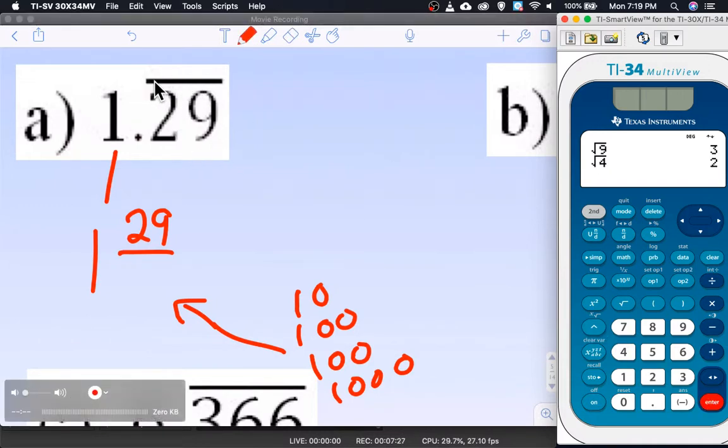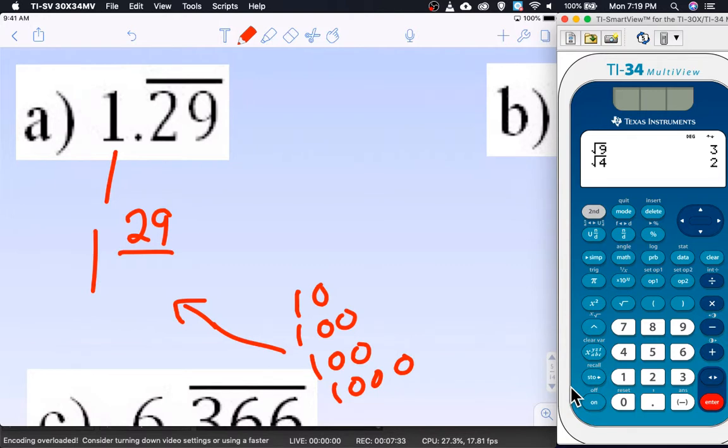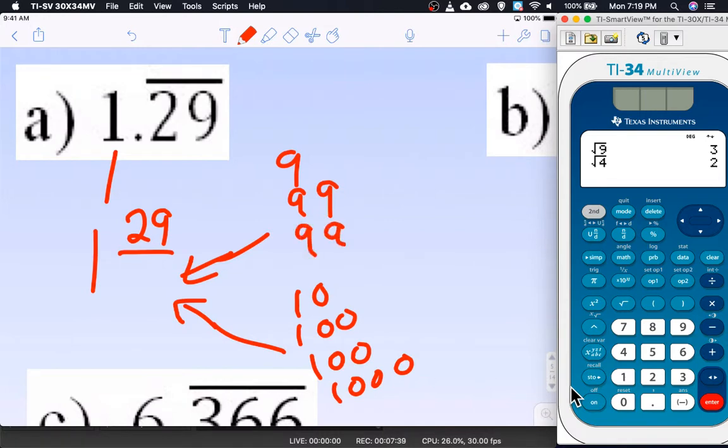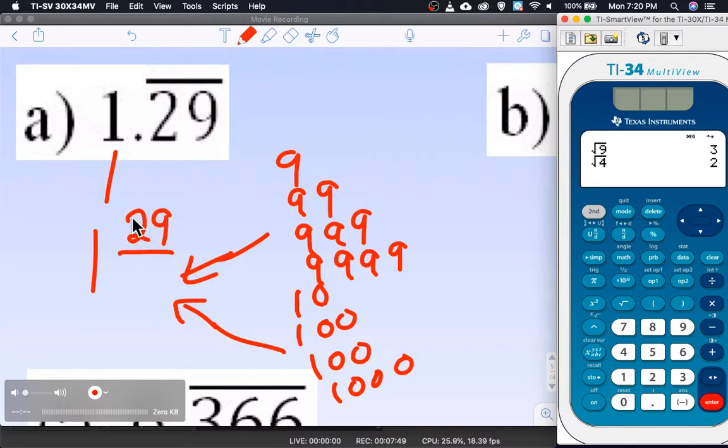But because it's a repeating decimal, the only difference is instead of it being out of a power of 10, it's instead going to be out of 9 or 99 or 999 or 9,999. It's out of a bunch of 9s. And the way you know which one it is is the same trick as before. There's 2 numbers being repeated, so you pick the one that's 2 digits long.